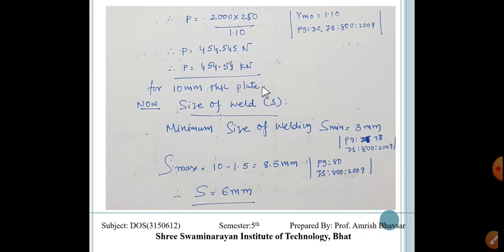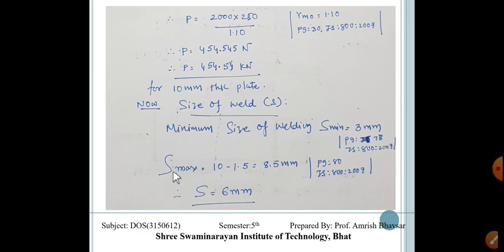So for a 10 mm thick plate, how will we get the size of weld? We know that for the size of weld we must find out the minimum size of weld and the maximum size of weld. The minimum size of weld is given on page number 78 of IS 800 2007, and for this 10 mm thick plate it should be 3 mm, which is given in the codal criteria.